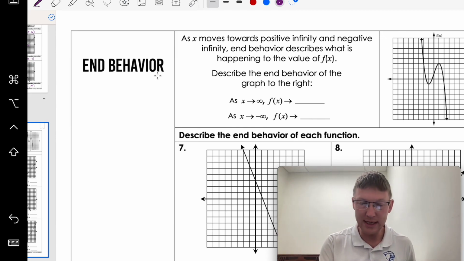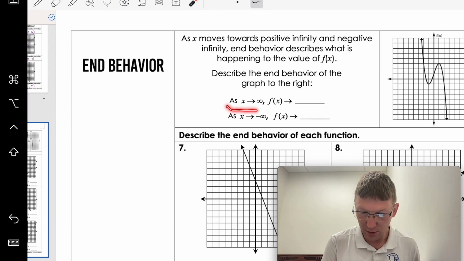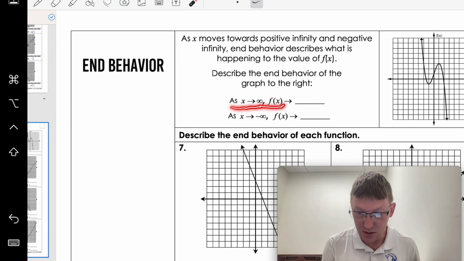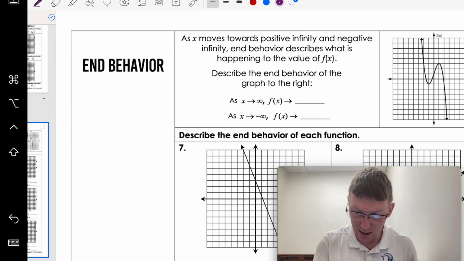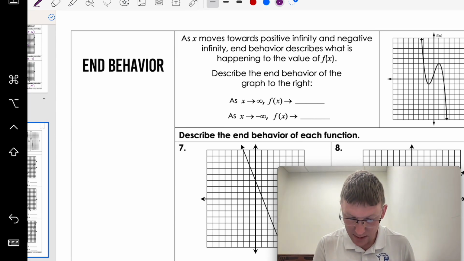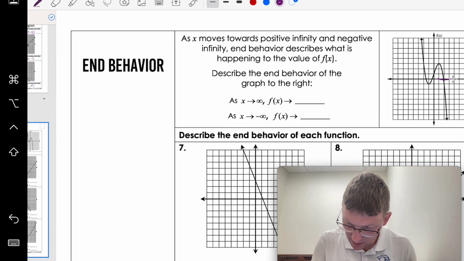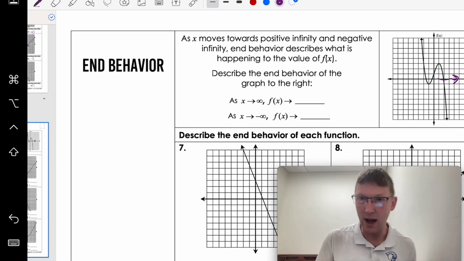The way we write it looks like this, so you have to pay really close attention. The way this reads is, as x approaches infinity, f of x, or y, approaches what? If we look at the graph over here, as x approaches positive infinity, that's going this way to the right.